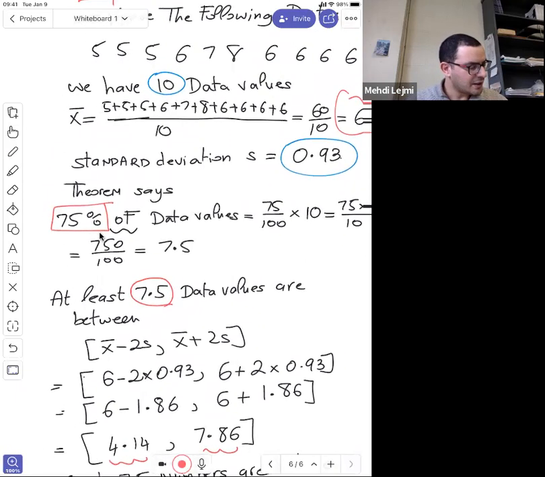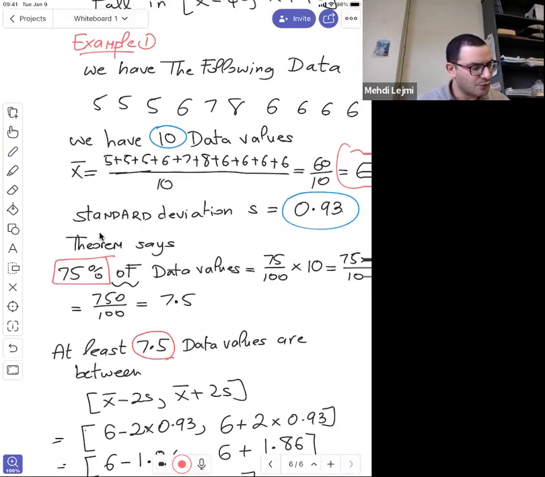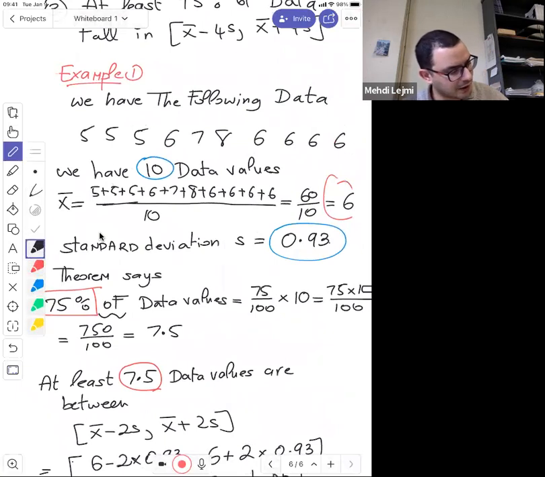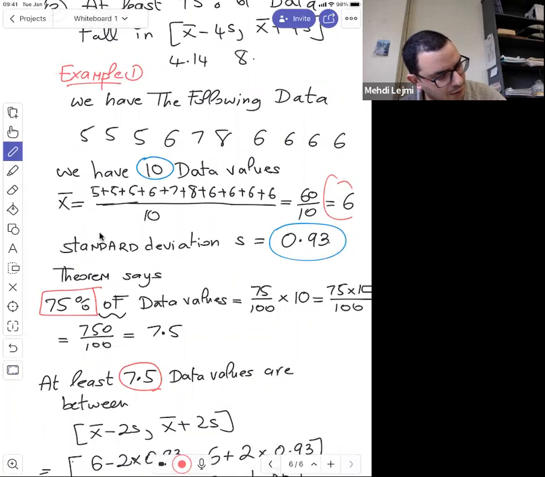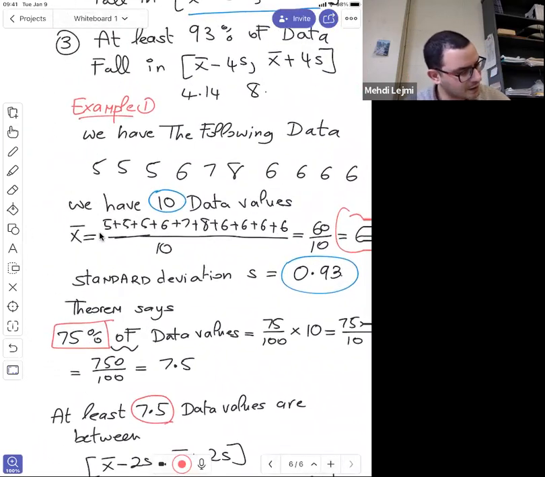So the question is, how many numbers are actually between 4.14 and 7.86? Let me write it down here.